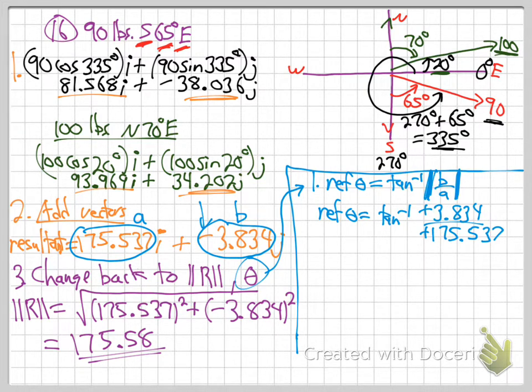So hit the buttons on your calculator. Take the inverse tangent. I'm doing it right now too. Inverse tangent of 3.834 divided by 175.537. Am I in the wrong mode? No, I'm in the right mode.